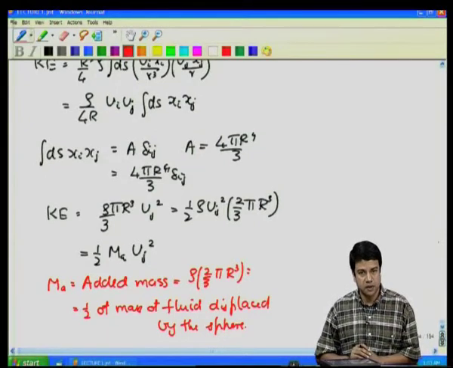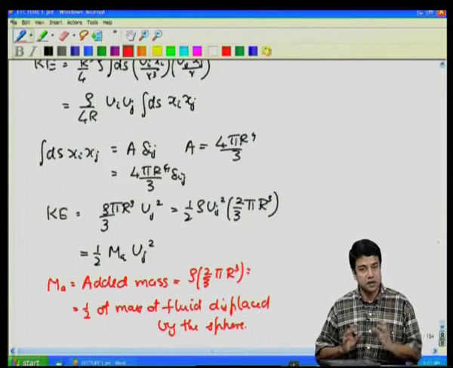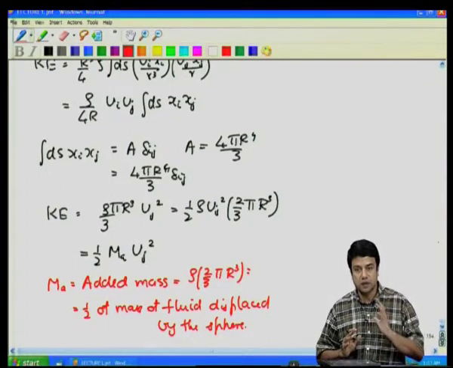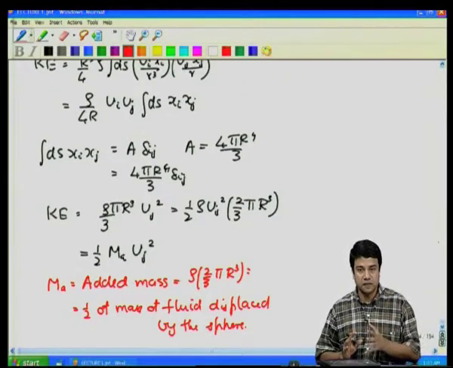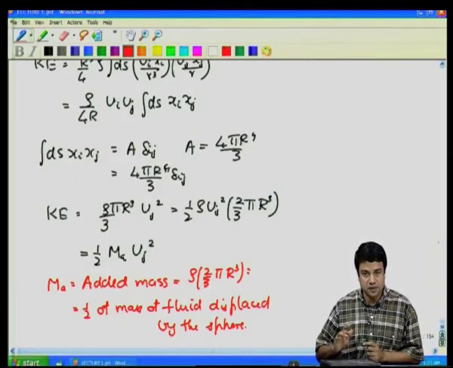In addition to the kinetic energy of the sphere itself, there is an additional kinetic energy because there is fluid that is moving around the sphere. Kinetic energy of that fluid moving around the sphere has to be proportional to the density of the fluid, of course. The total kinetic energy is equal to half the velocity of the sphere square times 1/2 of the mass of fluid displaced by the sphere, or the added mass.